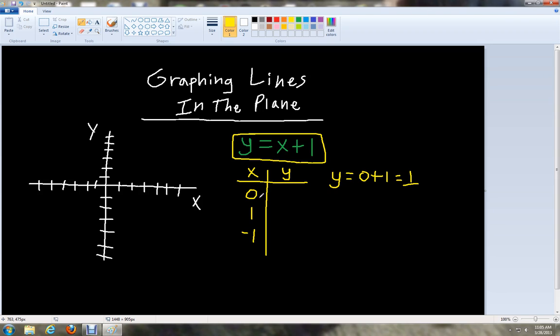So our y coordinate will be 1. Then we do the same for x equals 1. We'll have y equals 1 plus 1, which is 2. For x equals negative 1, y equals negative 1 plus 1, which is 0.